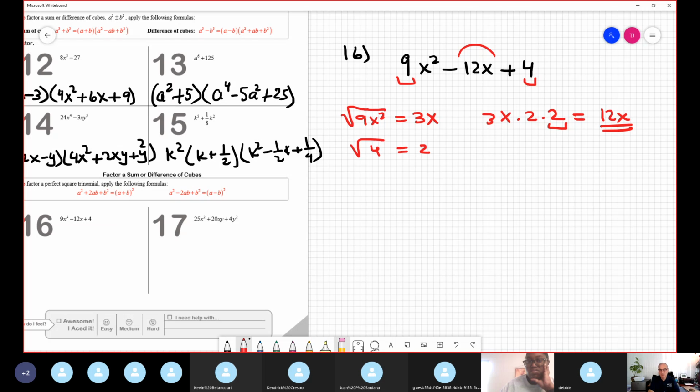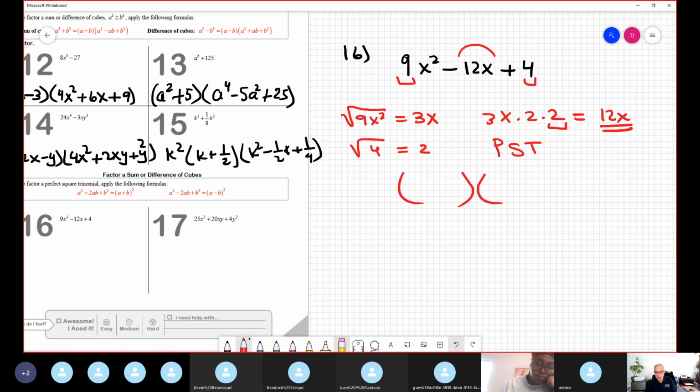So now, when this situation happens, I say, wow, this is a perfect square trinomial. And the factorization is super easy because I know that the perfect square trinomial has only one trinomial, not two. Okay, no need to open two parentheses. Why not? Because they are twin brothers.